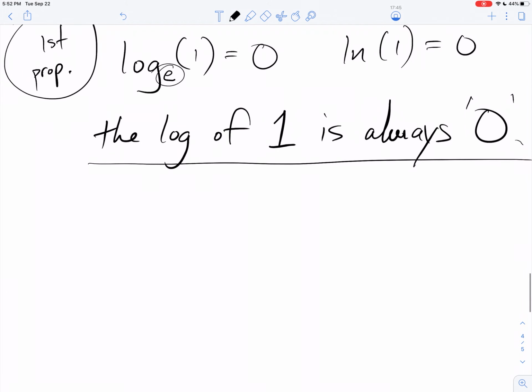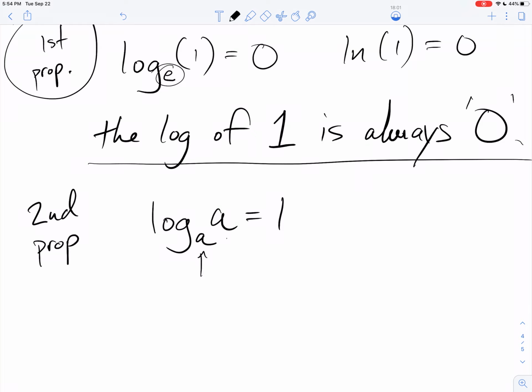Let's go to the next property. Here's the second property, and you guys have seen this one in action. In the book, it says this: log base a of a equals 1. That means whenever this number is the same as this number, you will get 1 for an answer.